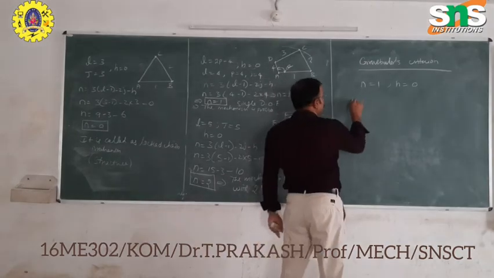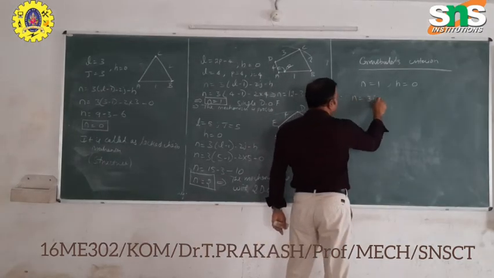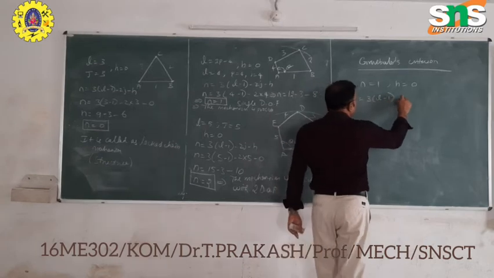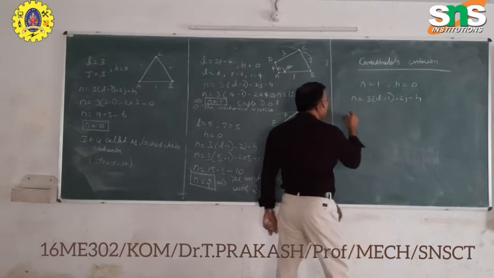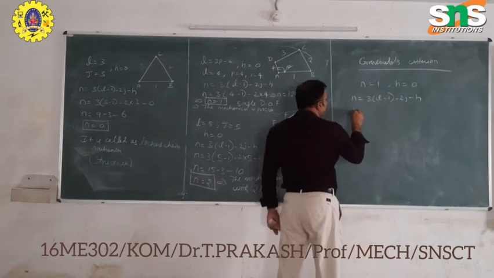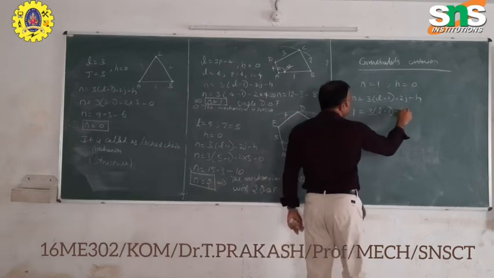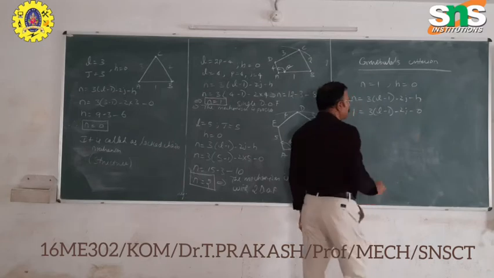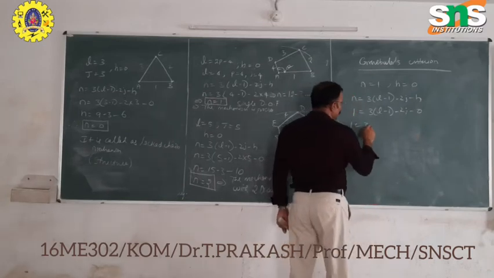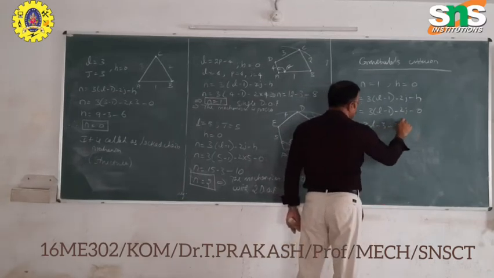Therefore, you substitute N = 1 and H = 0 in this degrees of freedom formula, and we get 1 = 3L - 3 - 2J.